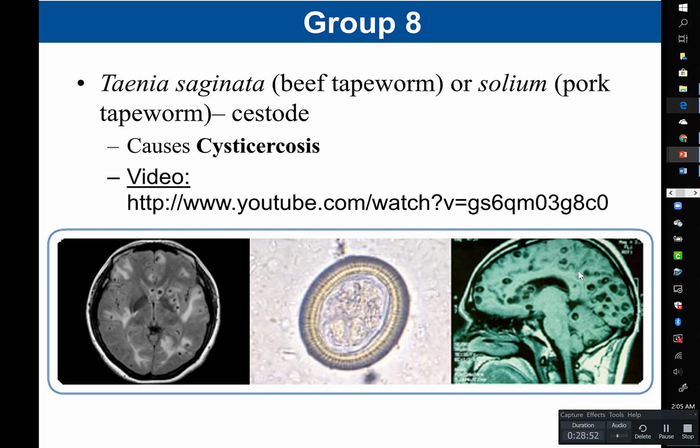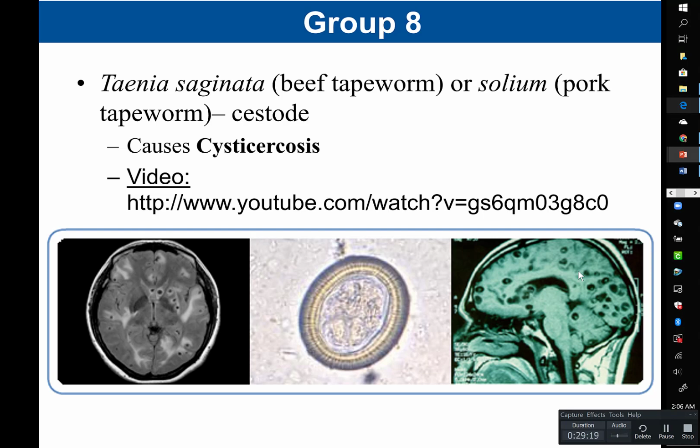How then do you get this? How do you end up with eggs that you ingest, right? If you have the adults in your intestine and it's not from the meat that you eat, how do you get cysticercosis? How do you get the larval stage in the brain? Answer is somebody who is infected with a tapeworm, somebody who has the adult tapeworms in their gut is going to shed eggs in their feces.